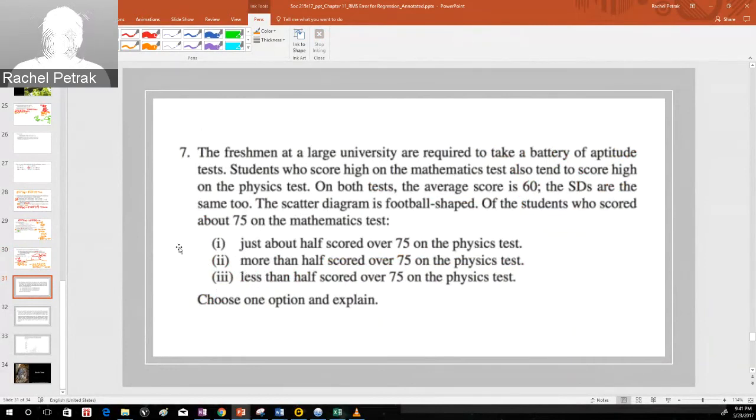Why not just about half? Because they say there's a high correlation here, but we don't know exactly what it is. We just know that they are associated and there's a high association. Well, we know that option 3 is right because the regression effect predicts that there won't be a perfect association between these two. Even though it's a high association, it's not perfect. So we would have less than half at this same point.